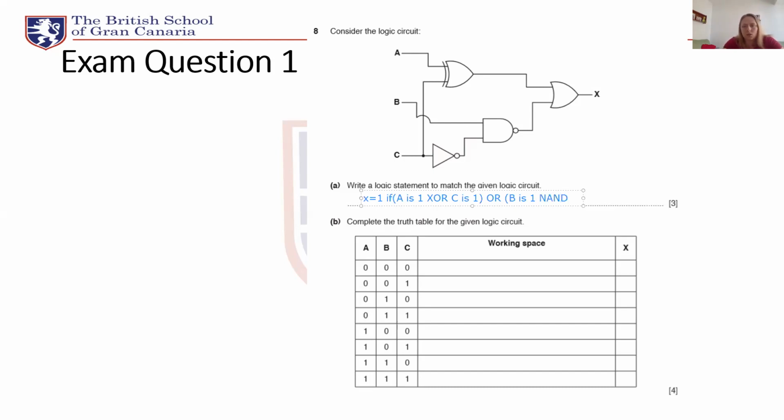So you just follow on this way. Make this a bit bigger. We go straight into the NAND, and the NAND here has got its inputs of C, but also input C goes into the NOT. So we've got, sorry, the NOT.